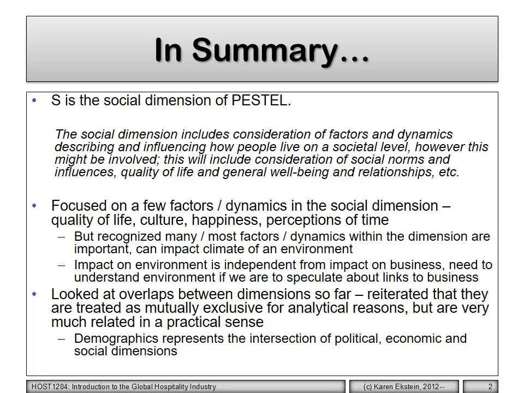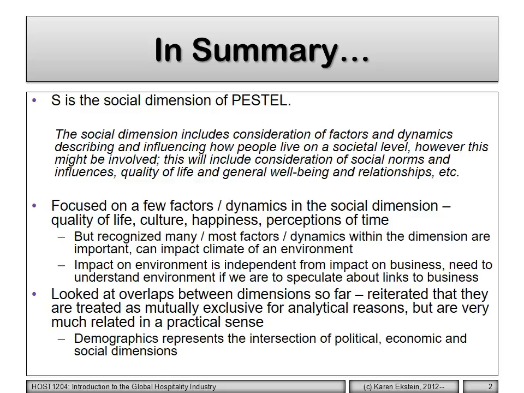In summary of today, the S is the social dimension of PESTLE. The social dimension, as we've used it in our working definition, includes consideration of factors and dynamics describing and influencing how people live within a society or environment, whatever might be involved. This might include consideration of things like social norms and influences, quality of life, general well-being, and relationships.